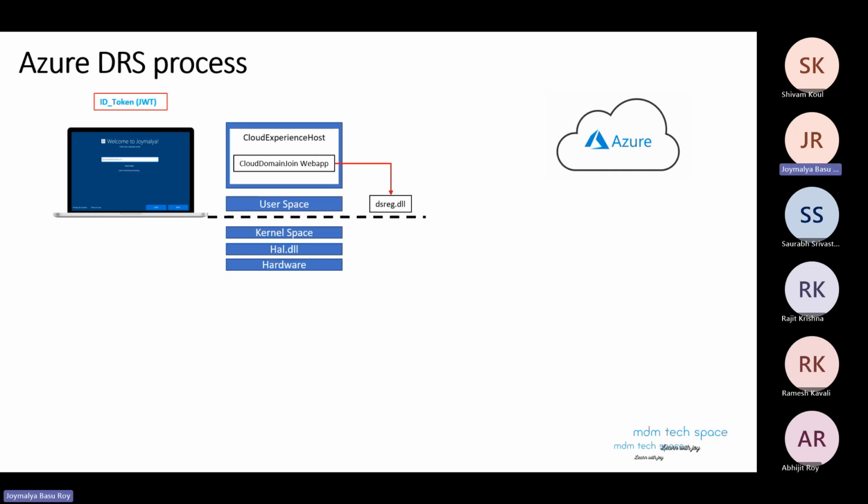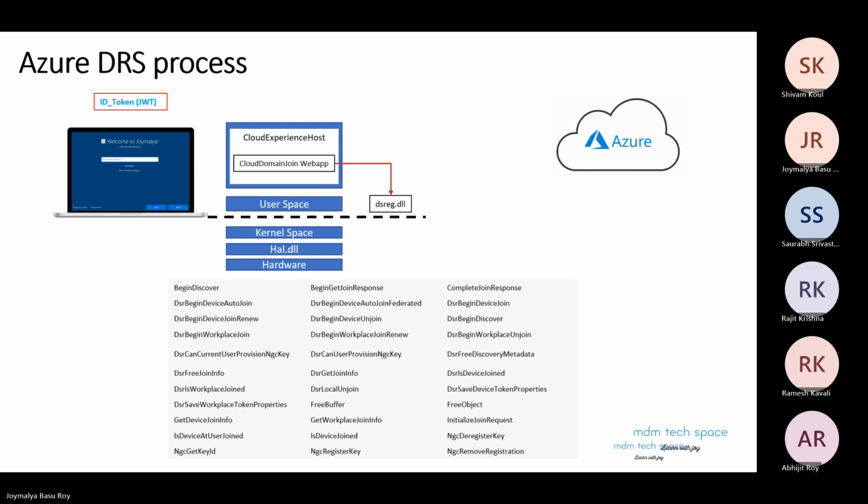If you look into dsreg.dll functions, you will see all the functions that are there. And exactly this is where the dsregcmd /status command also comes from, which is how you get the join state of the device.